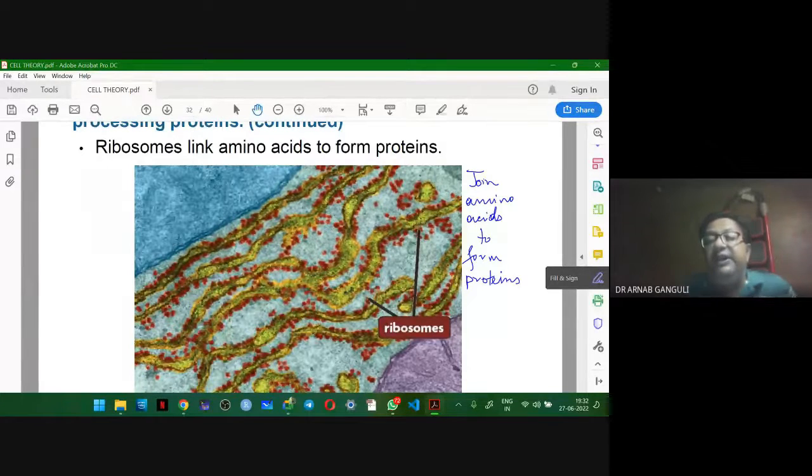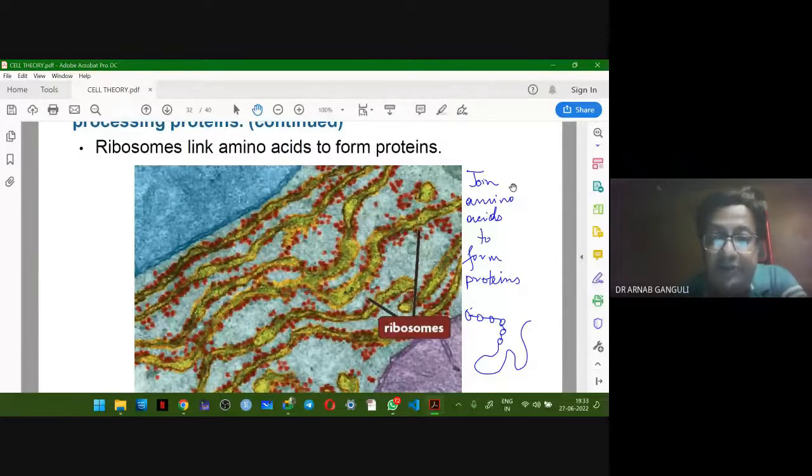Amino acids like lysine, leucine, methionine are all joined together: first amino acid, second, third, fourth, fifth, several amino acids together. They form a polypeptide or a protein. Many polypeptides can also make a protein.